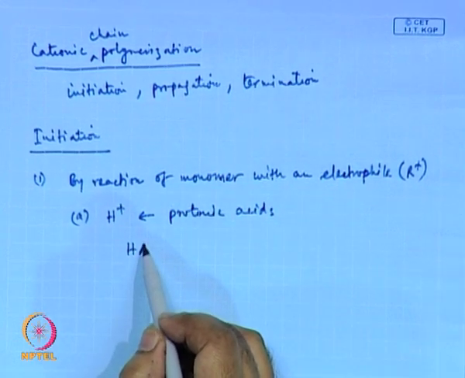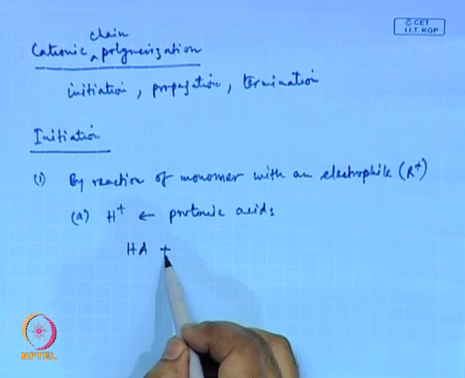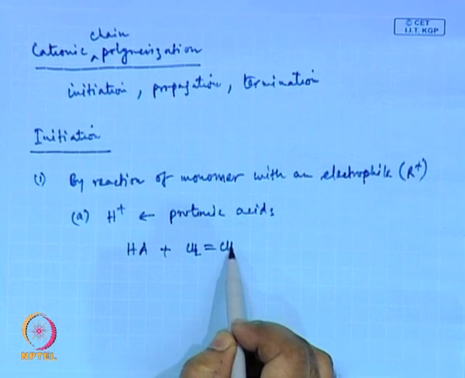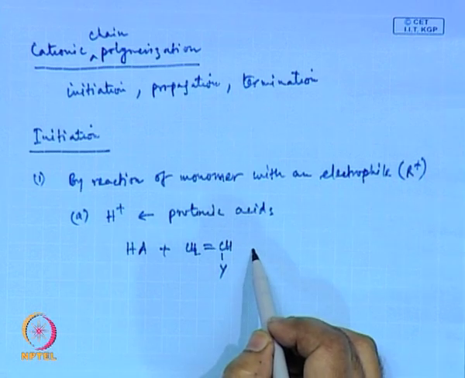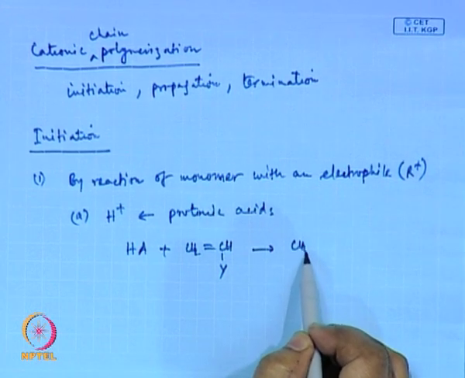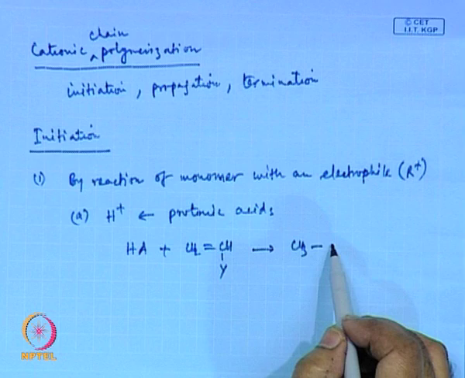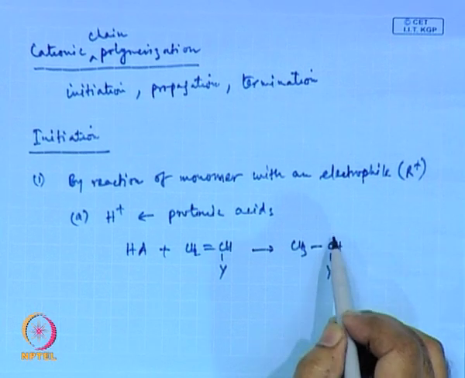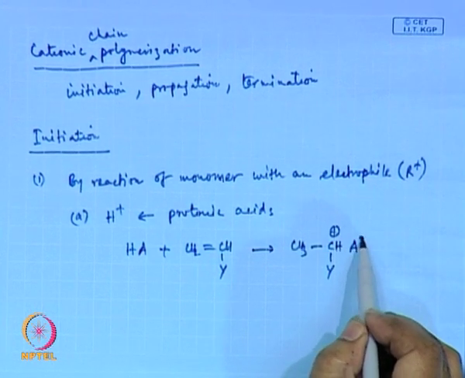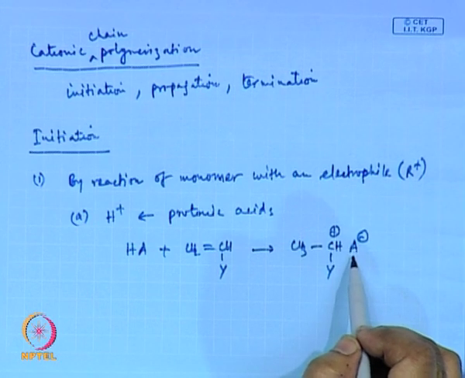Now, if I write it in a generic way, H plus plus a generic monomer structure CH2=CHY gives you a cationic species and A minus. A minus is the counter ion.